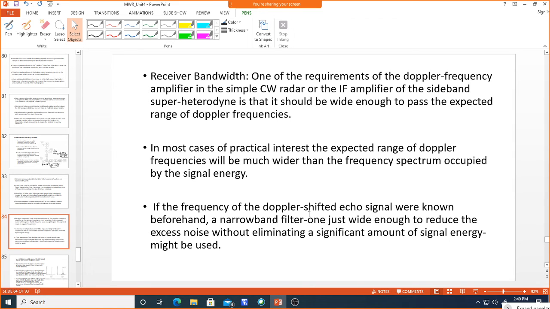That is, if before transmitting you had calculated the Doppler frequency needed at the receiver, which is not possible due to the many factors in the practical scenario, we could reduce the noise outside the frequency band known from the Doppler shift.